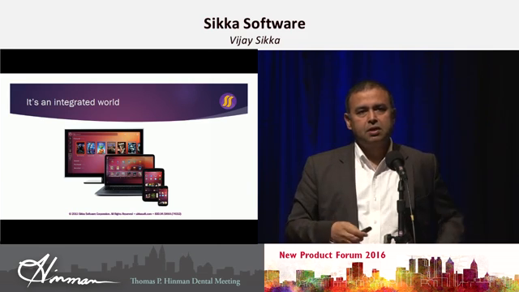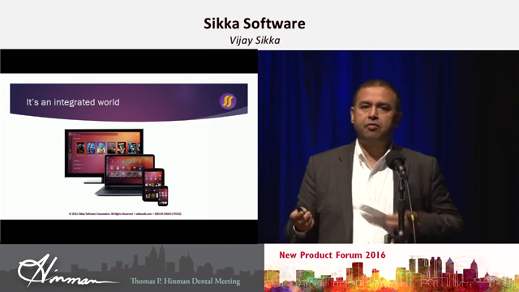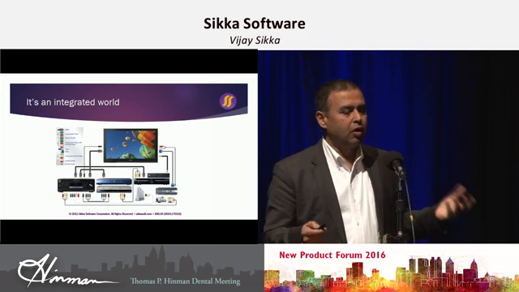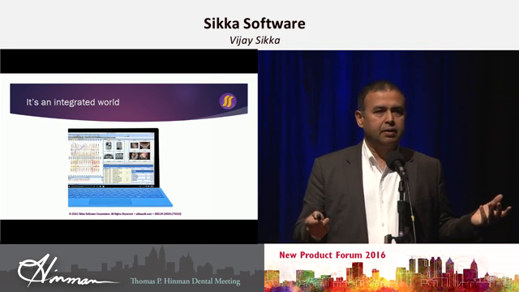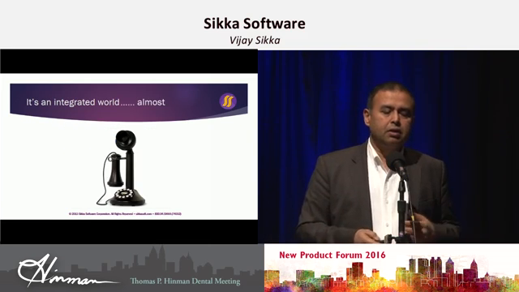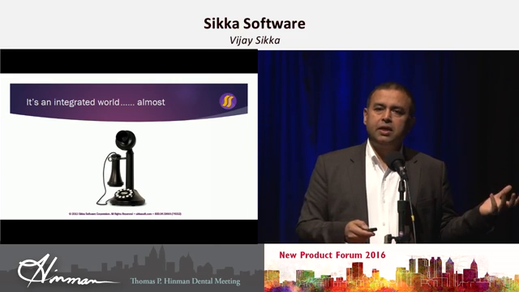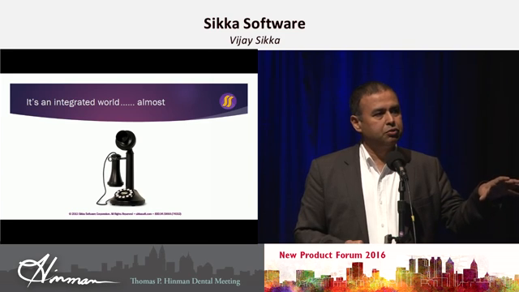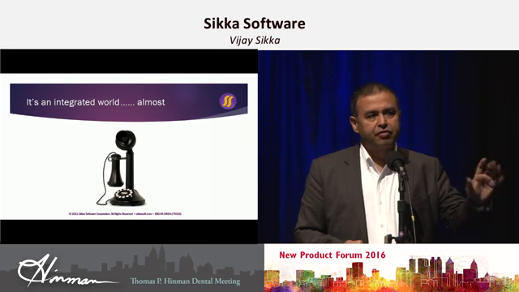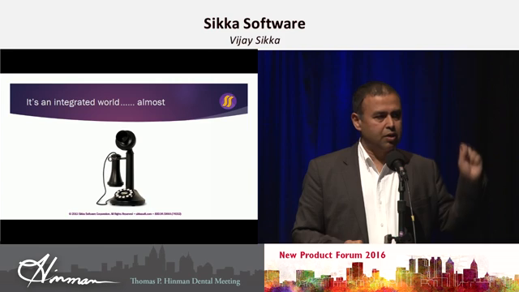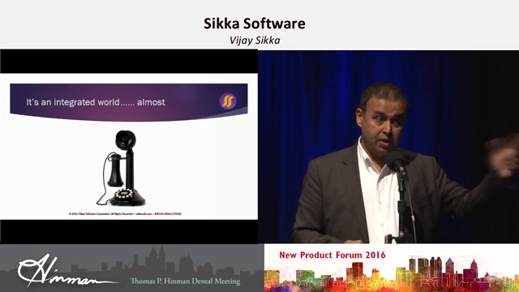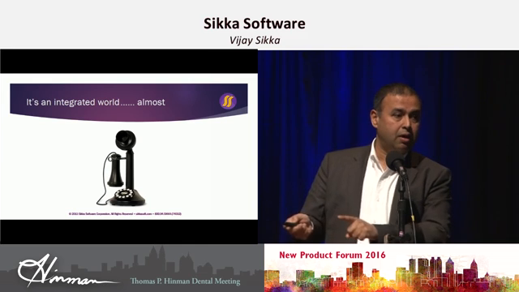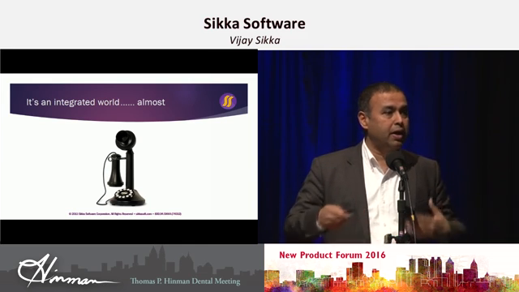The second thing is, all of us are living in an integrated world, right? We all use mobile devices, we all use tablets, we are all connected completely. But we are still using caller ID as our way to identify a patient. How many times does a patient call your office 5 minutes after your office has called them, and the team member who called them is different from the one now receiving the phone call, and they have no idea who the patient is, and they start to locate that patient?